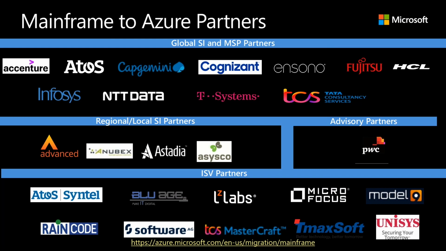We all work very closely with our partners to ensure that you can be successful in choosing the right solution to move these workloads off the mainframe and take advantage of cloud services. A couple of sessions from now, TmaxSoft will present their solutions and rehosting capabilities, and they're one of our very good partners.